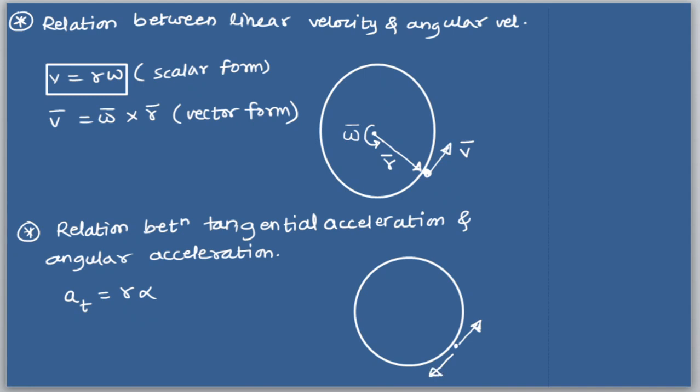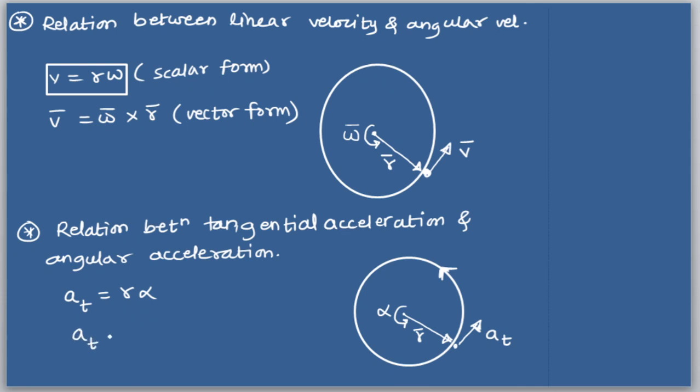Okay, let us assume the direction of tangential acceleration as in the direction of velocity, so that the magnitude of velocity increases with time. So this is the tangential acceleration. Now again, the position vector of the particle, that is r bar, and let's say the angular acceleration alpha is like this. Okay, this is the scalar relation, at is equal to r alpha, that we know.